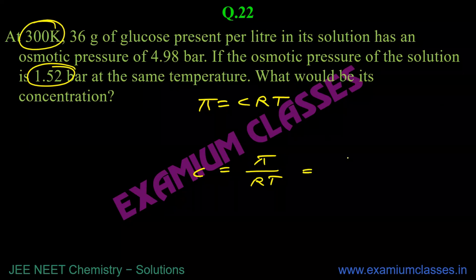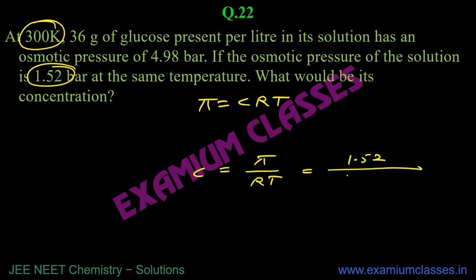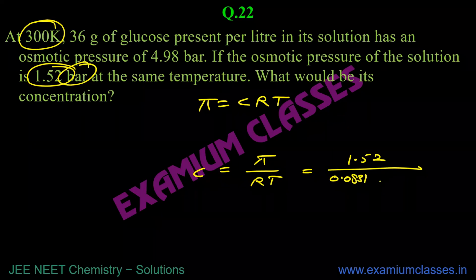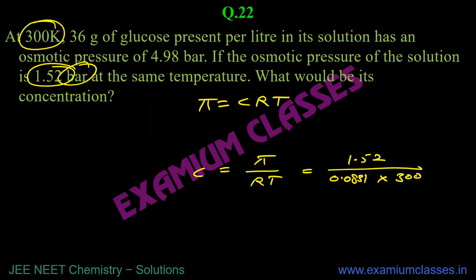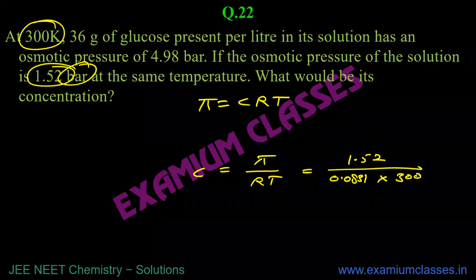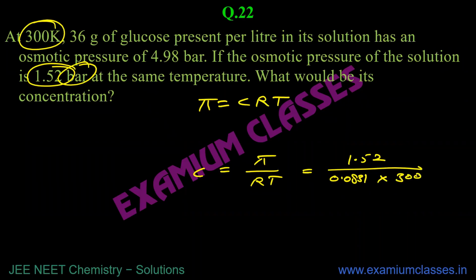So you could say 1.52 divided by R, and because it is in bar, R will be 0.0831 into T, 300. And you can get the answer. You will get the answer, but you will not use it. The reason is because two conditions are given. So you have to form the relationship and then get the answer.